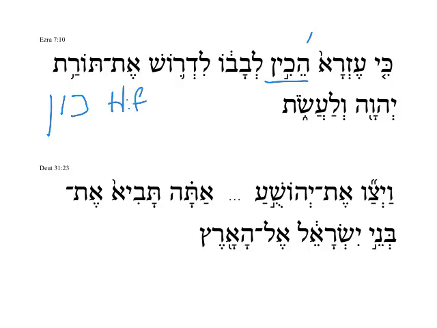We can see this both by the hey of the stem, but also the II-Yod within this verb, hechin. So this is a hiphil perfect 3ms, and he caused to establish.